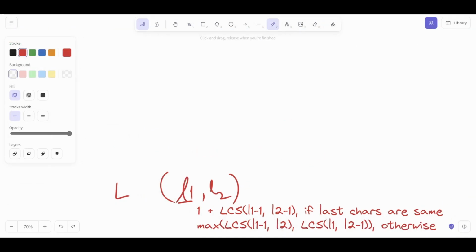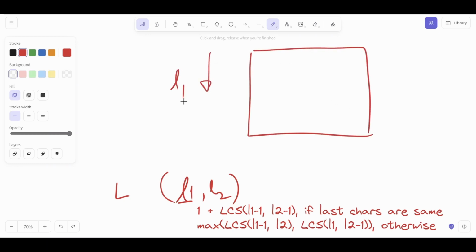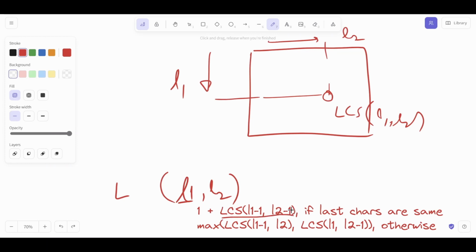So basically it will be a grid where this will be your L1 and here it will be, let's say, L2. So this will be your LCS of L1 comma L2, and it will require three numbers: LCS of L1 minus 1, L2 minus 1, which will be here. This will be your L1, this will be your L1 minus 1.